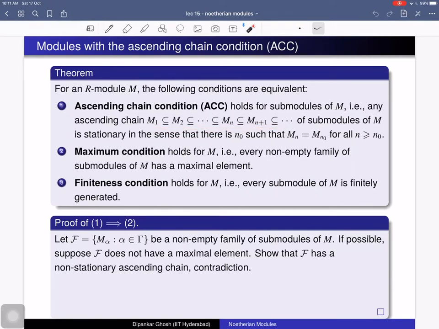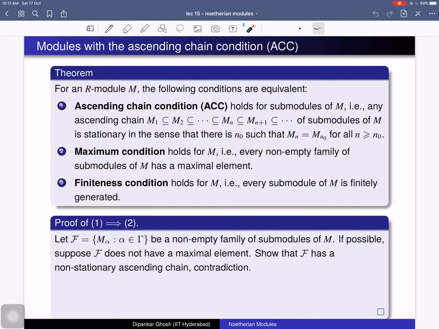This ascending chain of submodules of M should be stationary, and by stationary I mean there should be some point n0, or certain stage, such that after that stage all the modules Mn are equal.